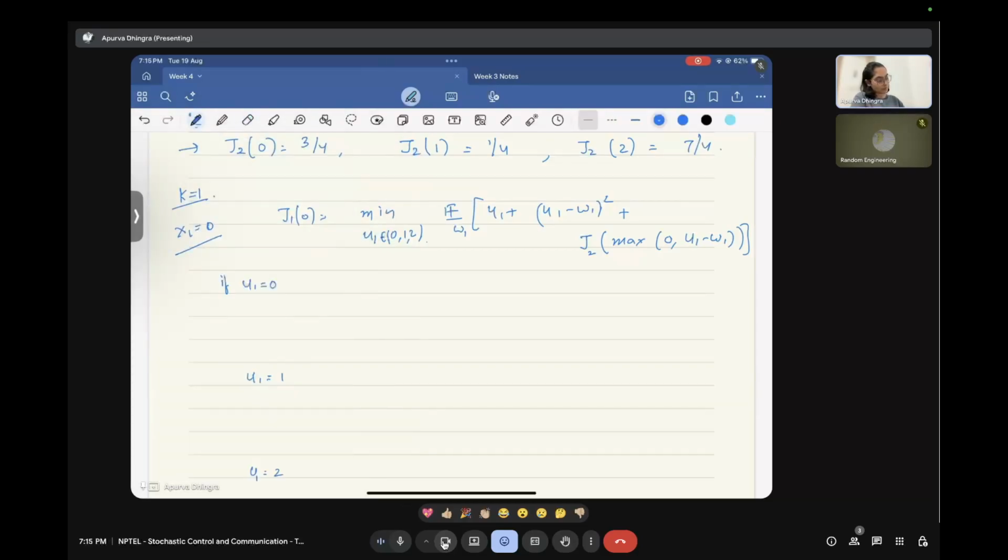So let's say u1 is 0. If that is the case, then this is 0 plus 1/4. Both of them are 0, so there's nothing here.